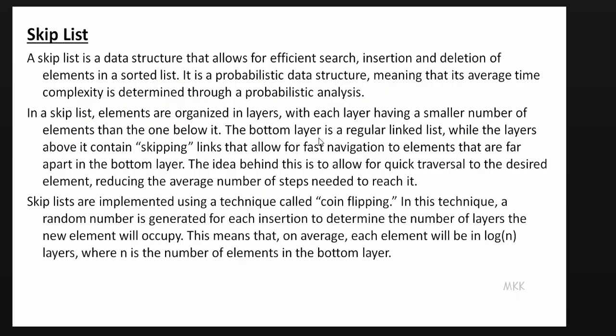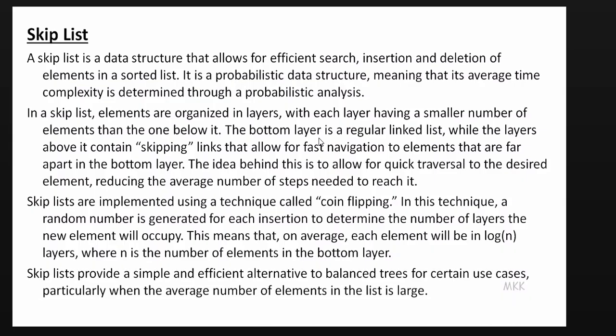Skip lists are implemented using a technique called coin flipping, just like prediction. In this technique, a random number is generated for each insertion to determine the number of layers the new element will occupy. This means that on average, each element will be in log n layers, where n is the number of elements in the bottom layer.